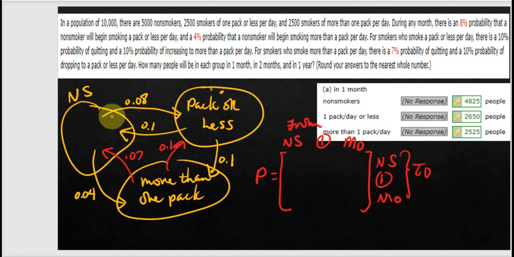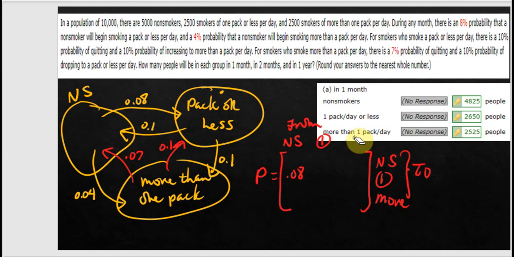So from the non-smokers that go to a pack or less, so that's going to 1 or less, that's 0.08. And then the non-smokers who are going to a pack or more, that's throwing me off. I looked over there, it was like mo.